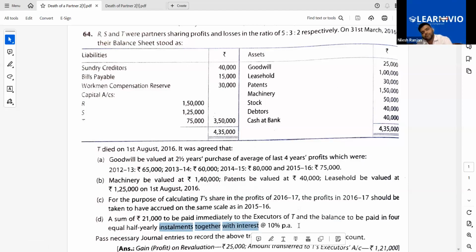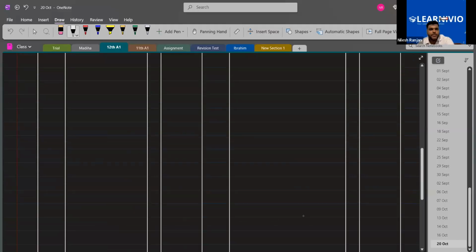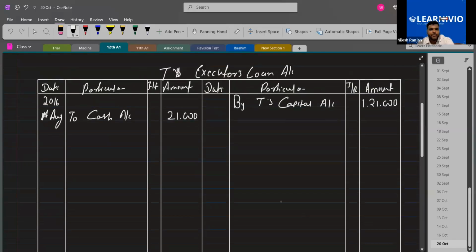So interest will be calculated in every installment.